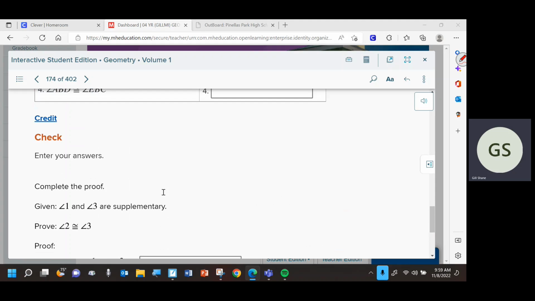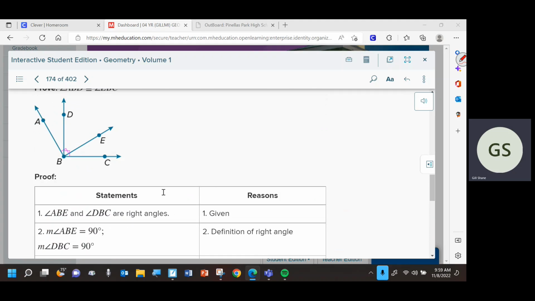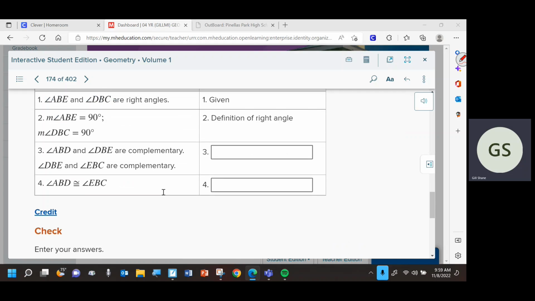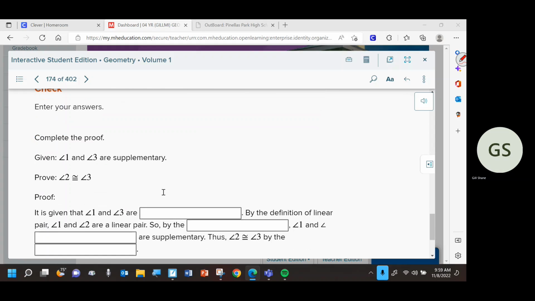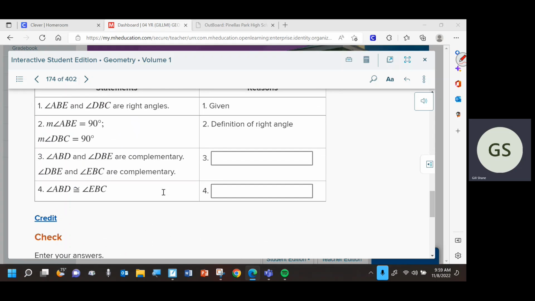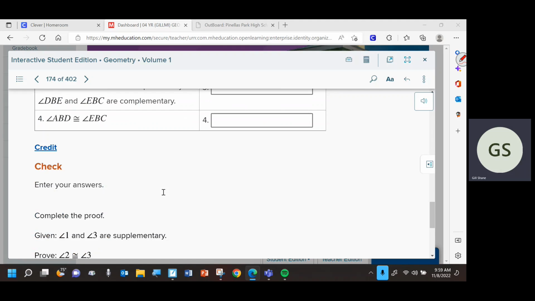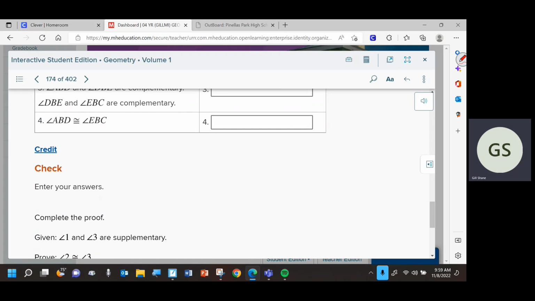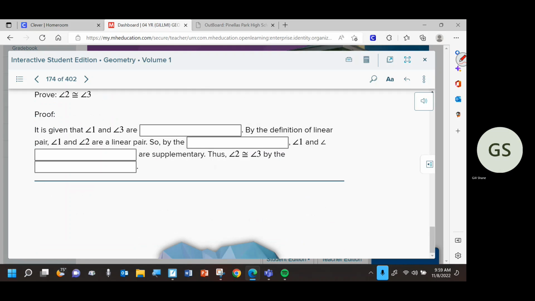Wait, is there a picture with yours in the book? Yeah. I guess, is it still using that up there? It's 170. Given 1 and 3 are supplementary. Am I not seeing the picture or something? Huh, it's weird. Might be zoomed in too much. Or zoom out. It might be to the right.